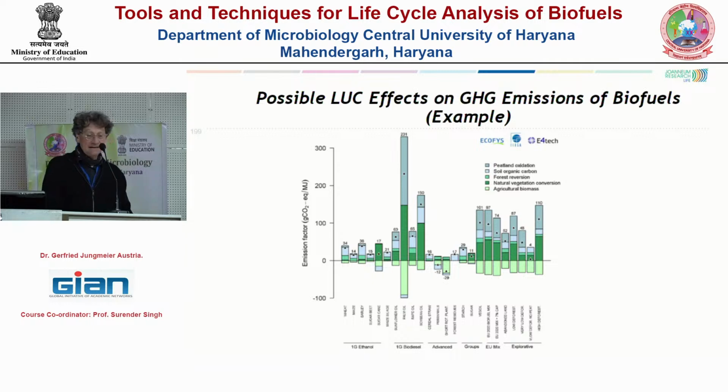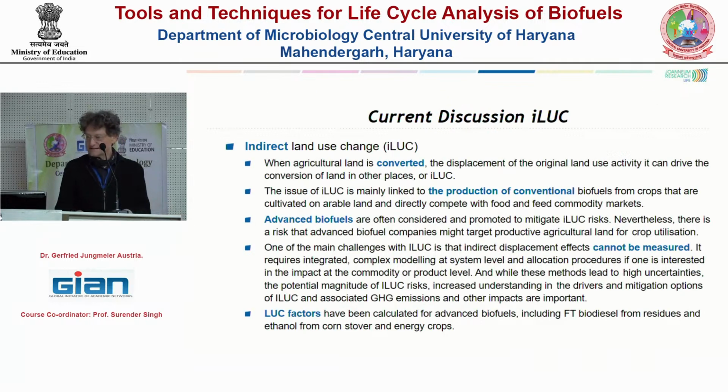But this land use change effect, on this slide here, is mainly caused or discussed in connection with the first generation biofuels, where we use rapeseed oil, soybean oil, grains, corn, wheat. So at least these so-called food crops are addressed by land use change.